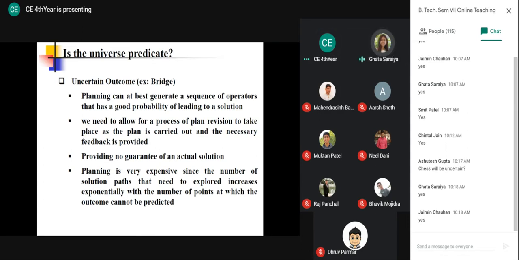Yes, ma'am. Because we don't know which move the opposite player is going to take. So based on that, we cannot predict, which means we cannot plan the whole solution in advance. Because of that, it will be uncertain. Okay, very nice. Asutosh, clear?